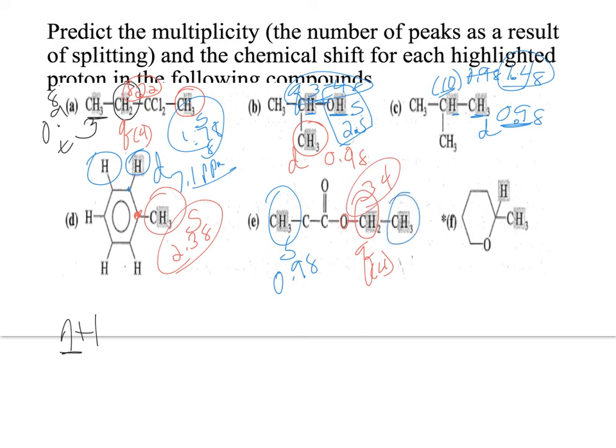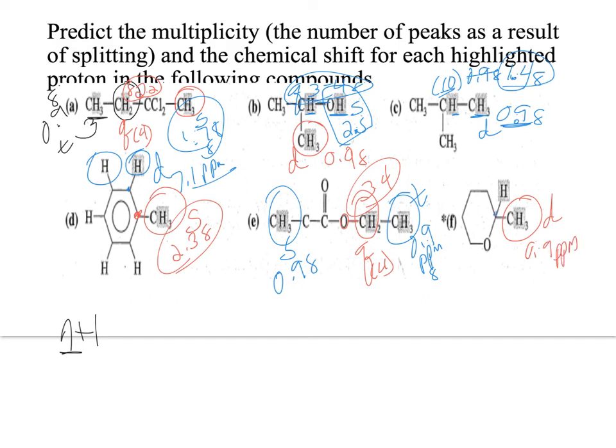This is next to this, which has 2, so that would be a triplet, and that would be about a 0.9 ppm chemical shift. And coming over here, this would be a doublet, so just probably 0.9 ppm.